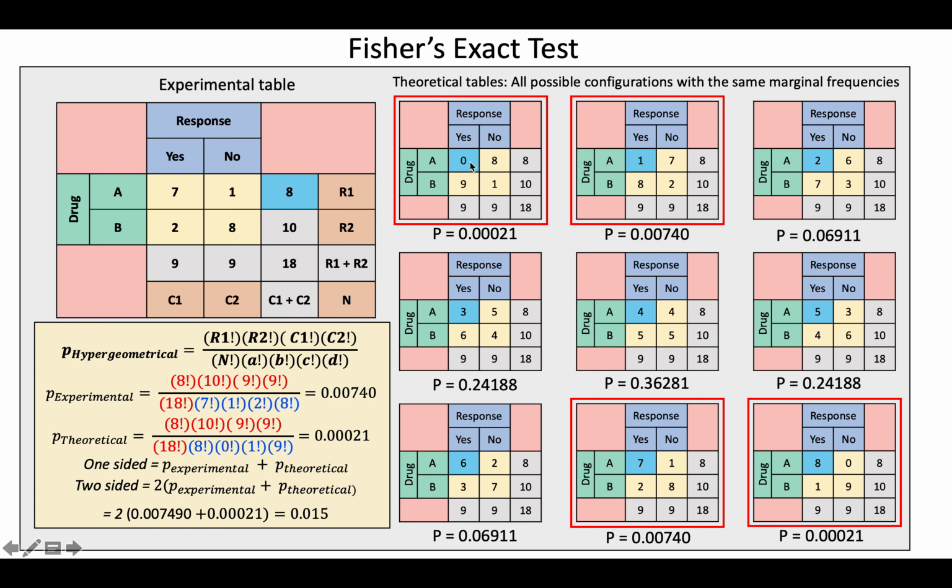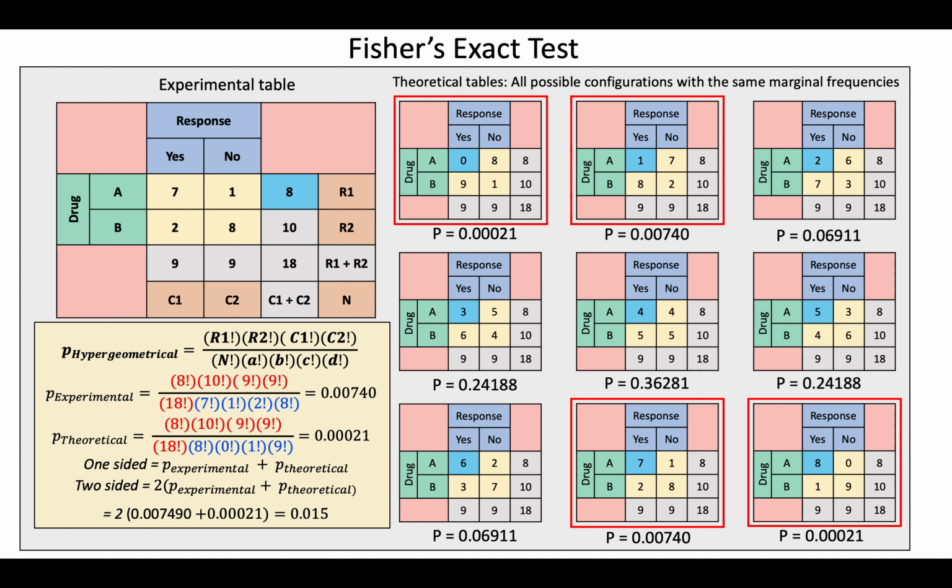So you can actually calculate what would be the values for the B, C, and D cells. And then basically the calculation comes from the extreme values, what would be the most extreme table that we can obtain.